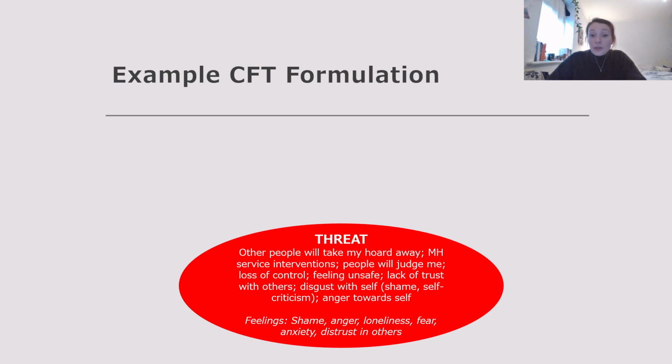She feels that she would lose control. She would feel unsafe. She doesn't trust anyone else. She feels disgusted with herself, actually. There you go. Then you see the shame and self-criticism, and she feels angry towards herself. Some of the feelings that she has: shame, anger, loneliness, fear, anxiety, distrust in others. So that's how her threat system is part of this, and it's definitely the biggest system that's at play here.